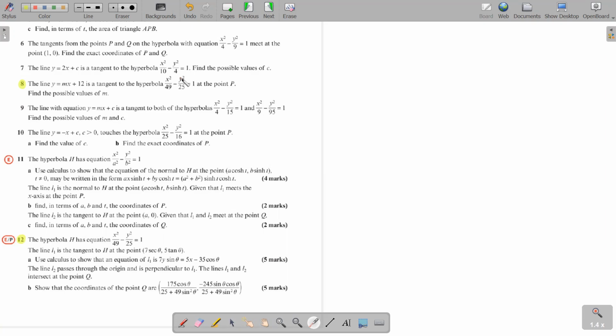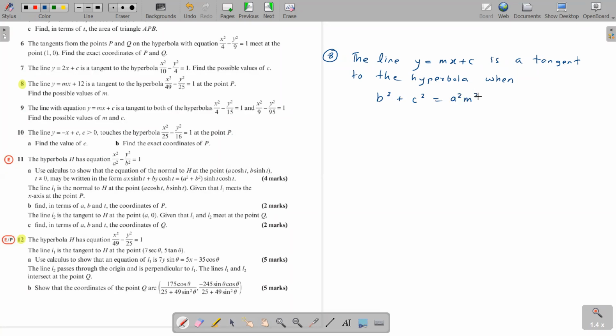So this is the tangent and a hyperbola. So for the line y, you can write the condition. The line y equals mx plus c is a tangent to the hyperbola. What was the condition? When b square plus c square equals a square m square.